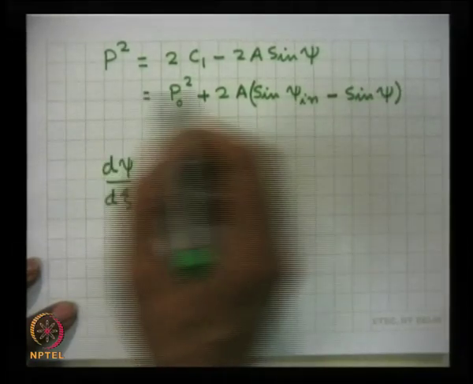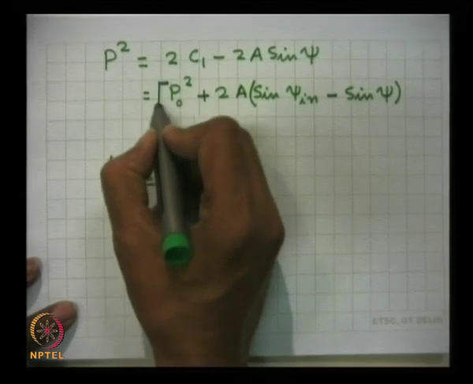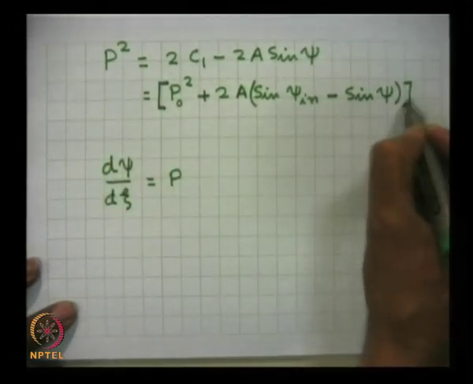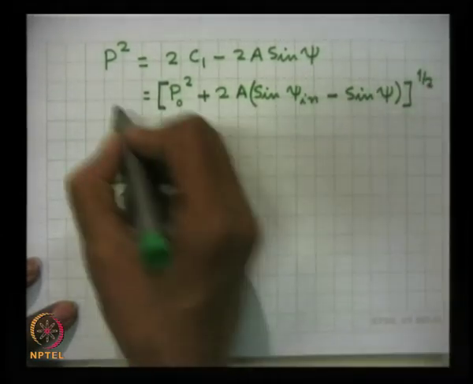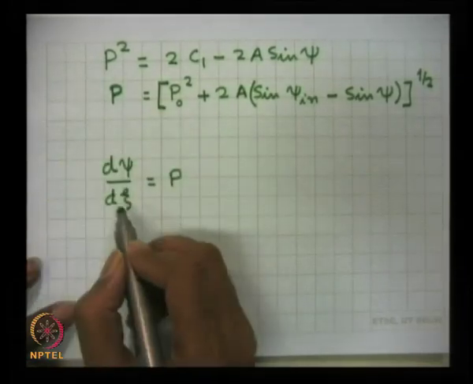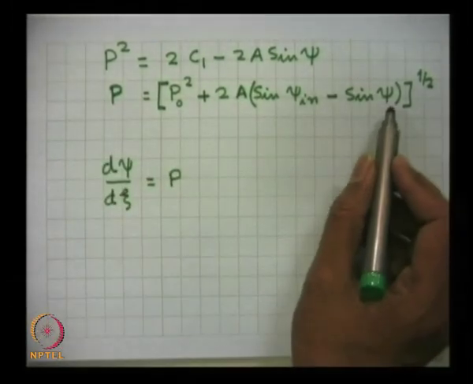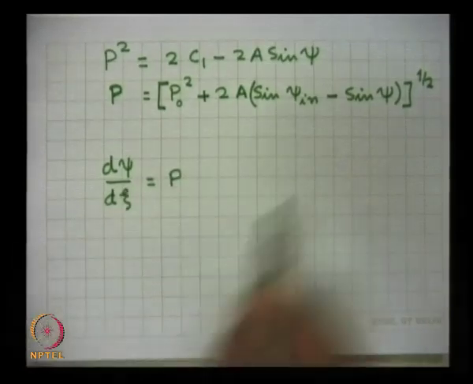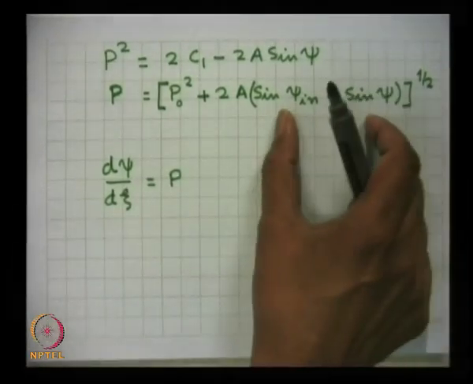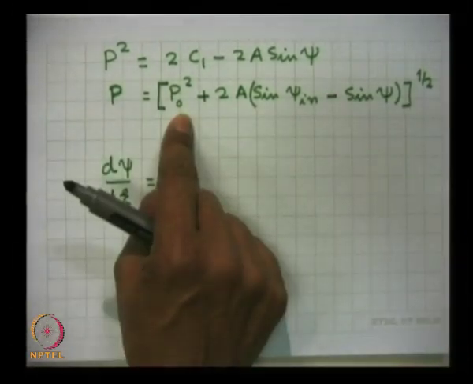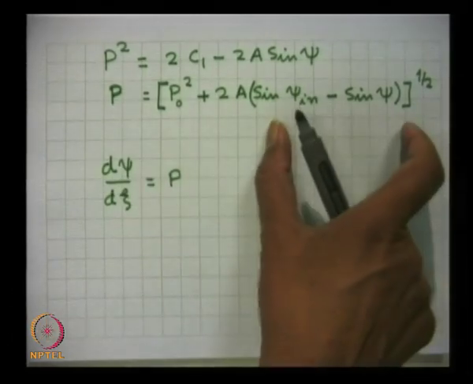So, if I take the square root of the right hand side, it will give me the momentum, the energy of the particle at any position xi at which the phase is psi. When psi is equal to psi initial, these two terms cancel and P equals P0. So, this has to be solved in conjunction with the phase equation.